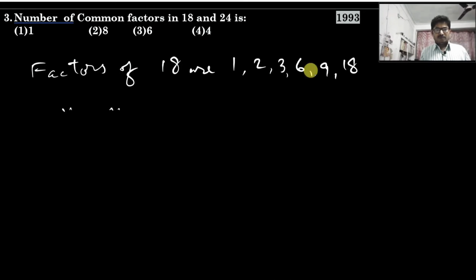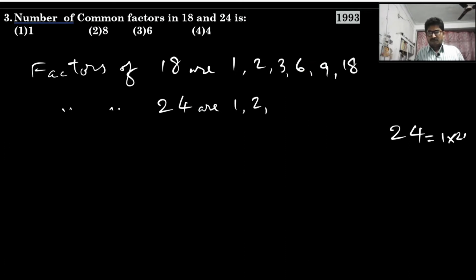Factors of 24 are 1, 2... Do you know, children, the process to find factors of 24? 1 times 24, 2 times 12, 3 times 8, 4 times 6.